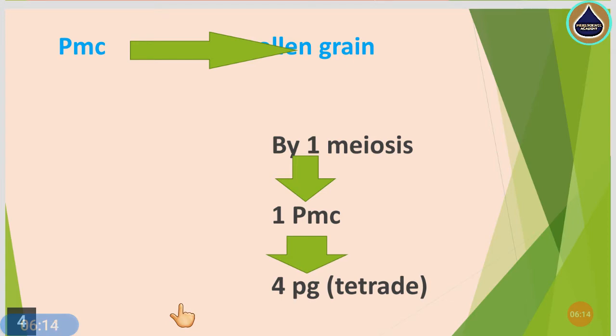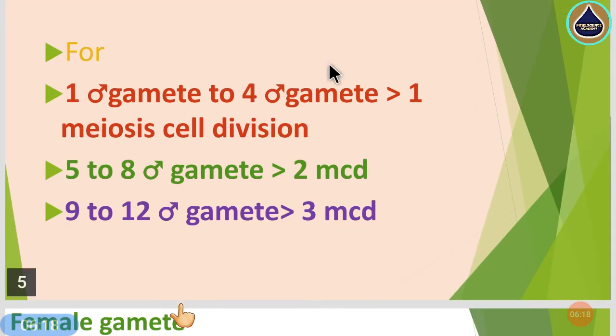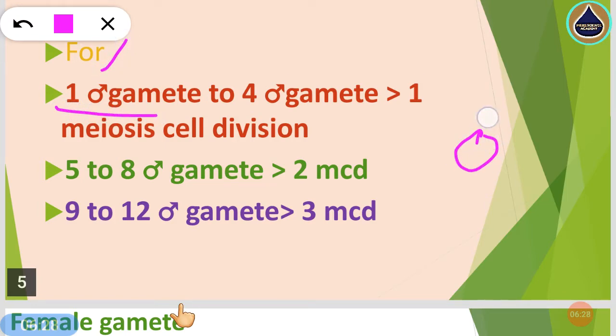So it is now clear that for one male gamete, this is the sign of maleness, male is indicated by this sign in the science faculty.